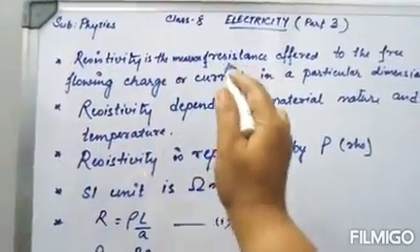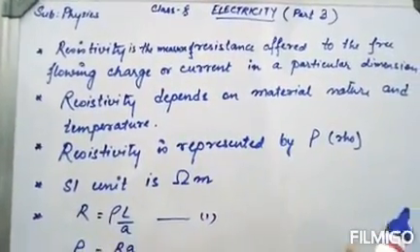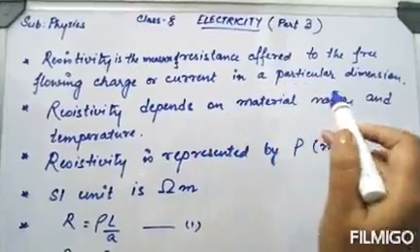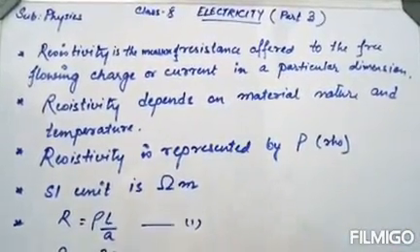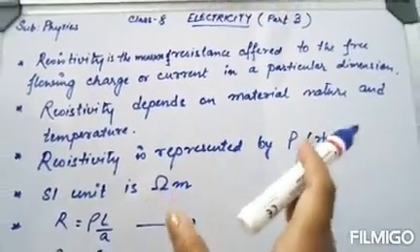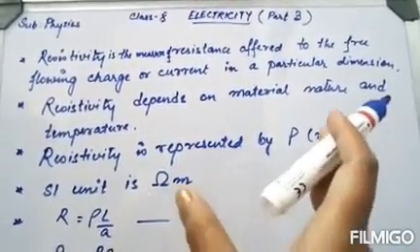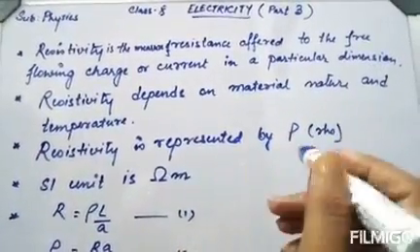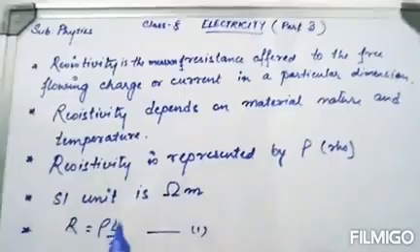Resistivity is the measure of how much resistance is offered to the free flowing charge or current in a particular dimension. So for a particular area and length, how much resistance is offered to the free flowing charge or current, that is measured by resistivity.